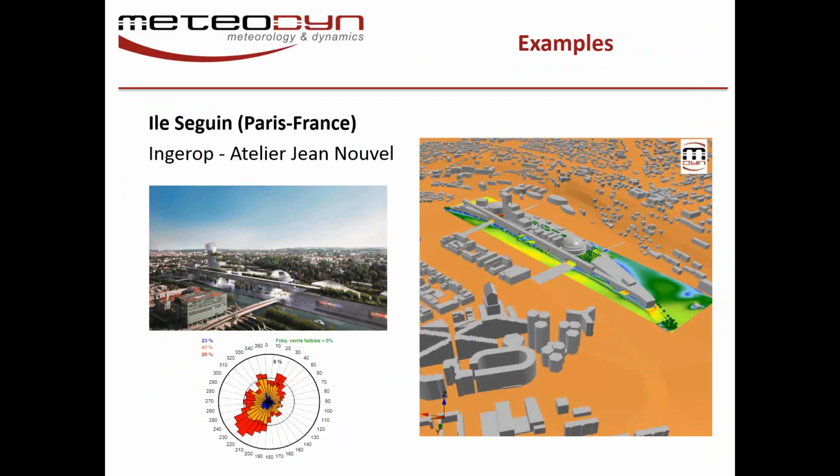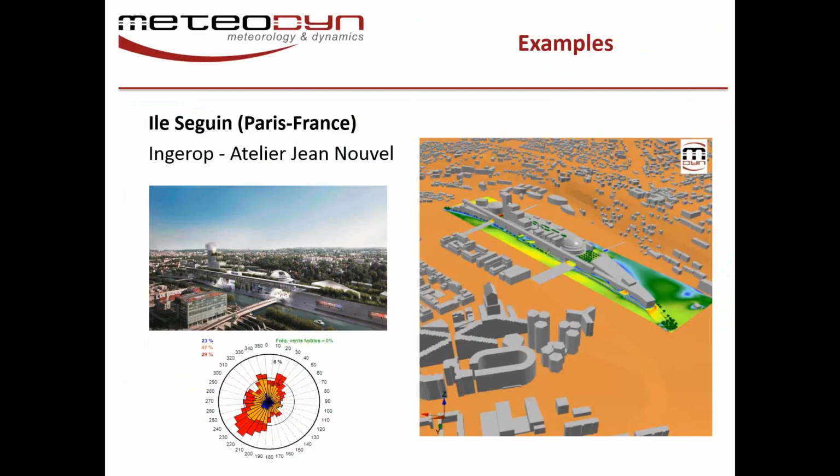So now I would like to introduce some examples. Here, this is a project in Paris, France. This is an island, the name is Ile-Seguin, on the Seine River. The urban planner would like to assess the comfort and to improve the comfort, because it's a highly wind-exposed area, because it's on the river.